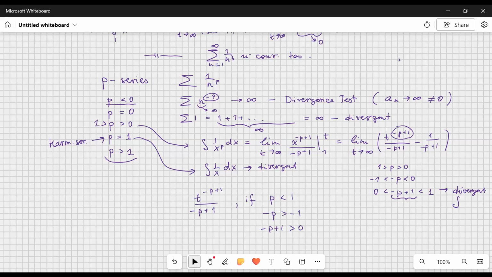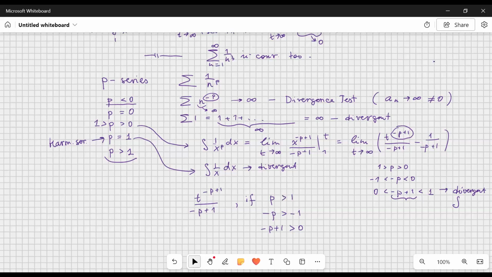I think I changed something here: when I was copying this inequality, I placed a sign in the opposite direction.